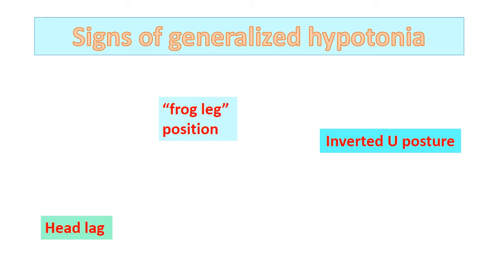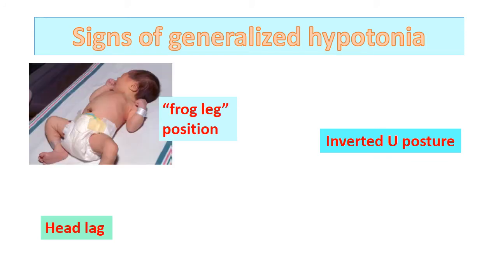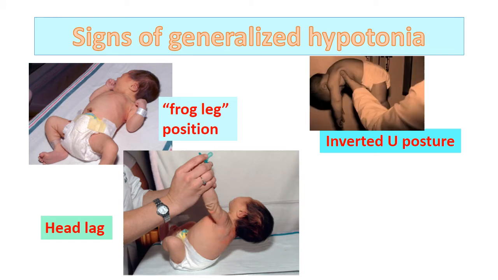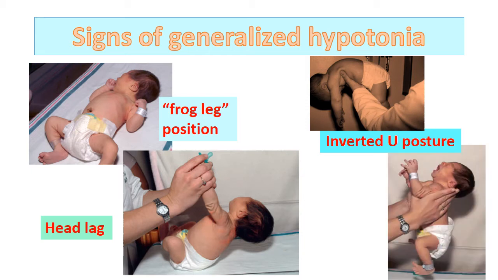Signs of generalized hypotonia are frog leg position, head lag on traction response, inverted U posture on ventral suspension, and slipping from your hands on vertical suspension.